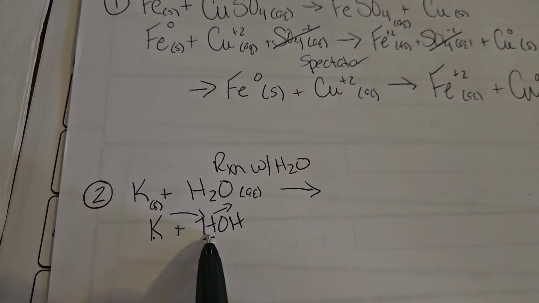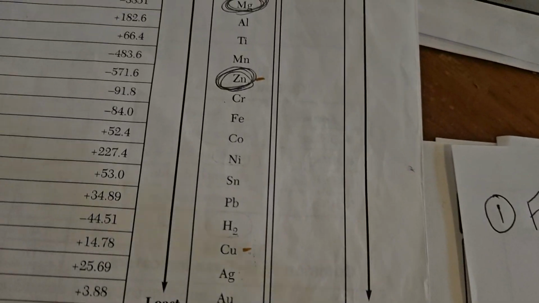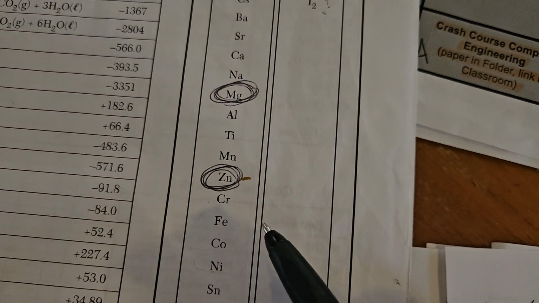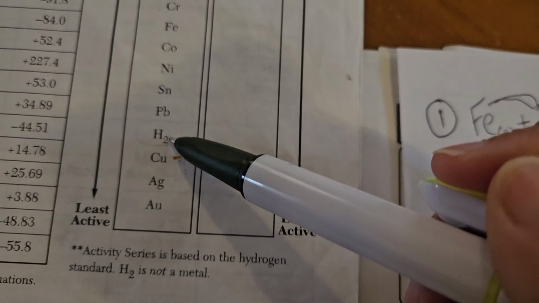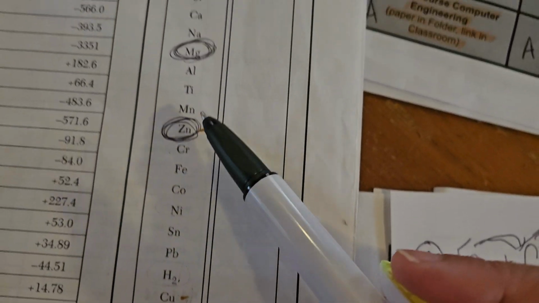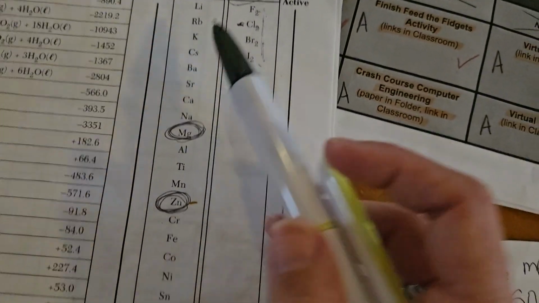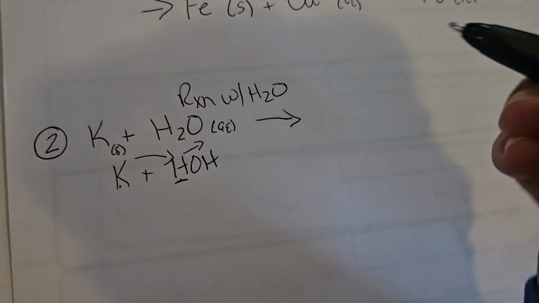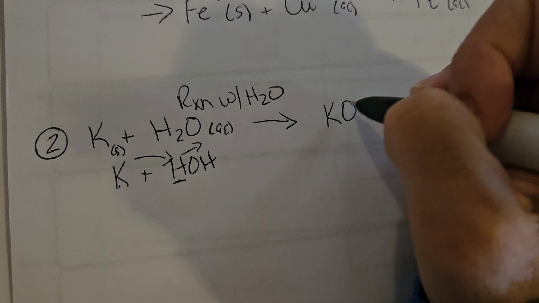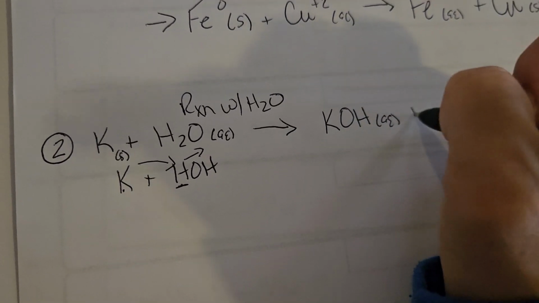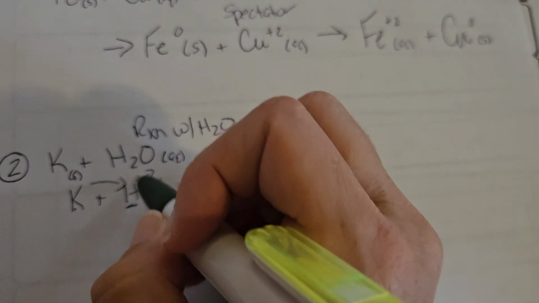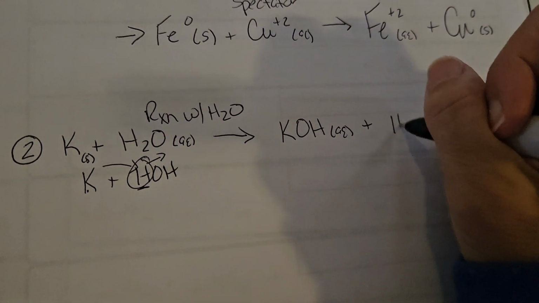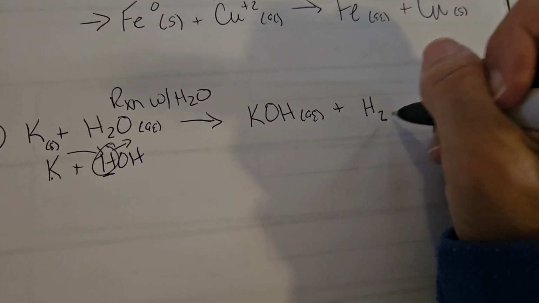So now we look to see if K is more active than H. So H is down here and K is up here, so way more active. So the K is going to replace that. So now the K is going to be with the OH, and that'll be aqueous. And the hydrogen got kicked out, and we know that hydrogen is always diatomic.